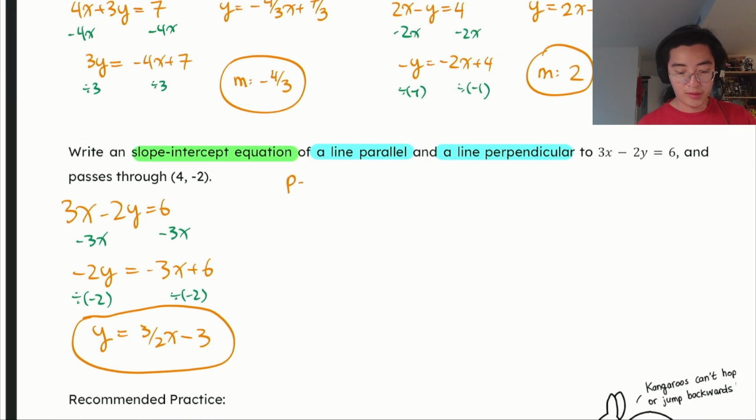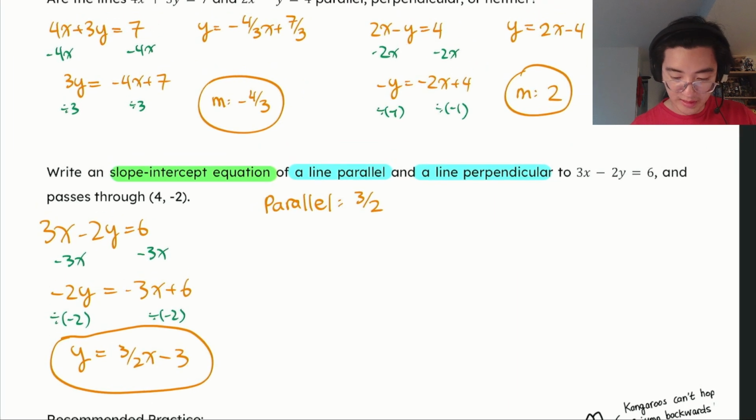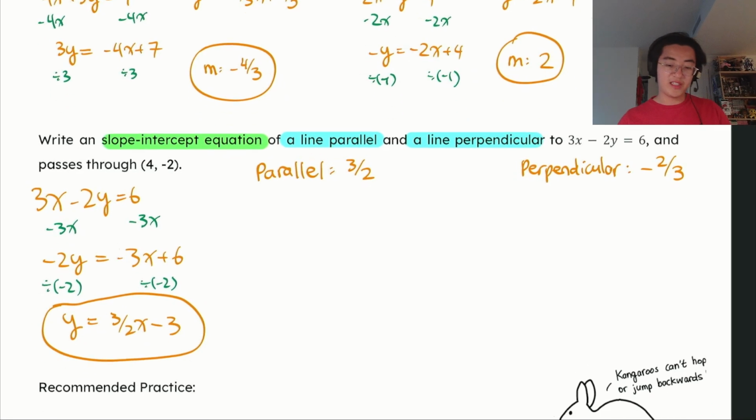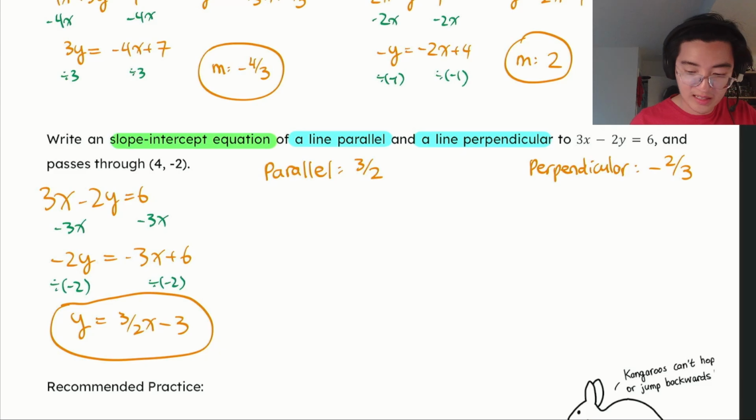So if we want a line that's parallel, we need the slope of 3/2. It has to be the exact same slope. And if we want a line that's perpendicular, we want a negative reciprocal, so it's going to be -2/3. But it's not just any line. This line has to pass through this exact point.